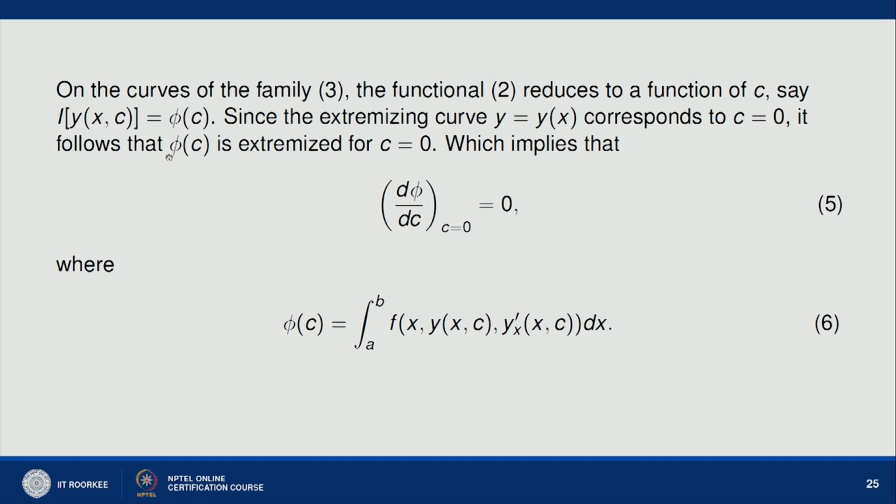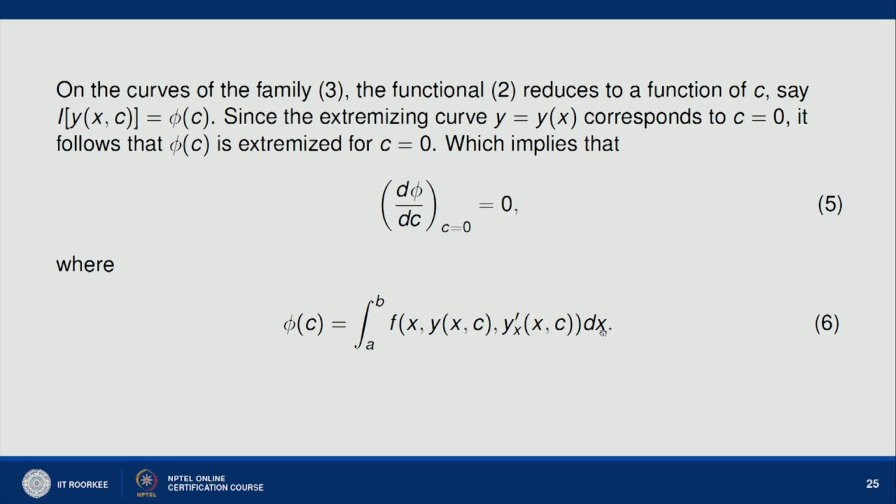So we can say that phi of c is extremized for c equal to 0, and we already know the theorem for functions that if phi achieves the extremum at c equal to 0, then its derivative with respect to c at c equal to 0 has to be 0. So evaluating the derivative here, we have phi of c equal to the integral from a to b of f(x, y(x, c), y'(x, c)) dx.